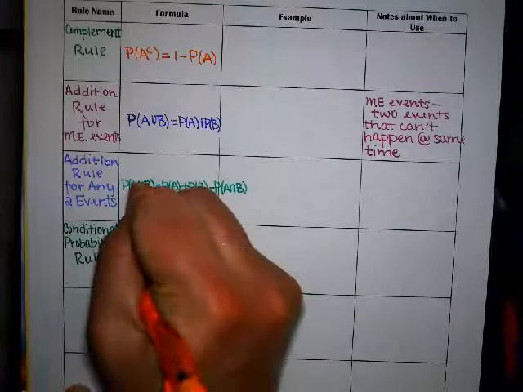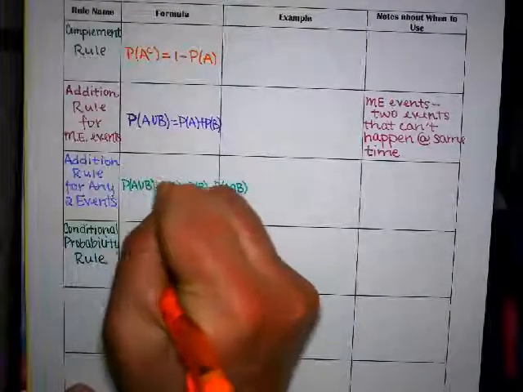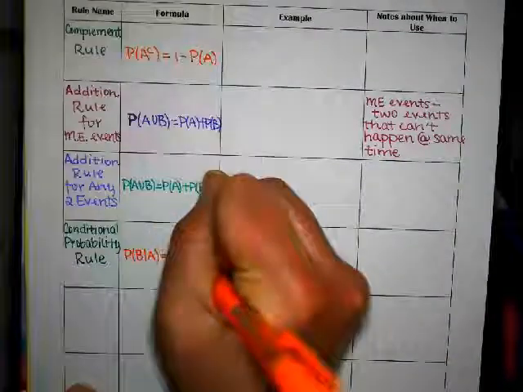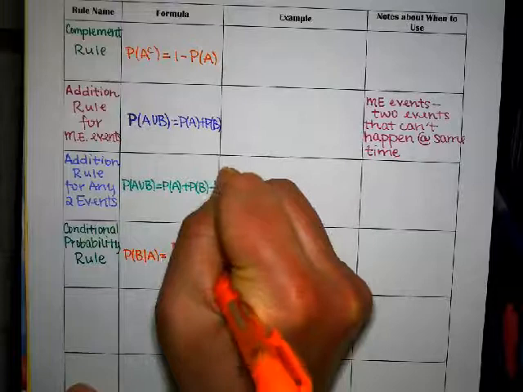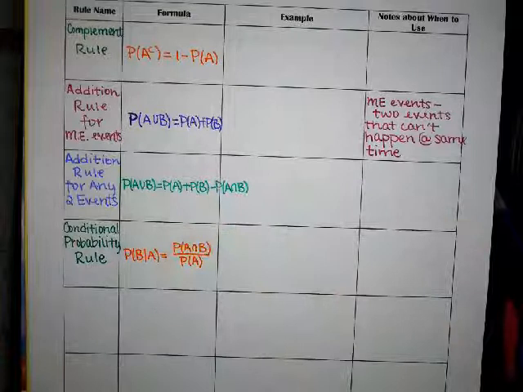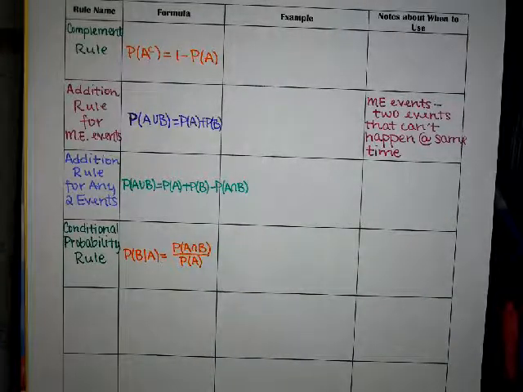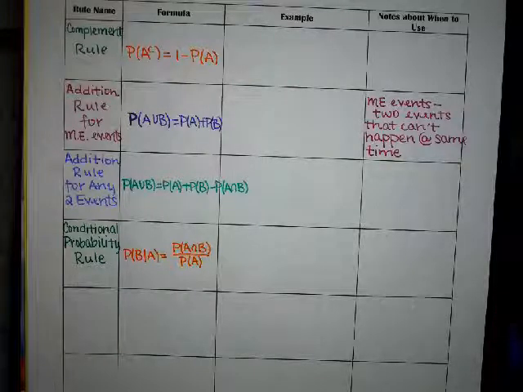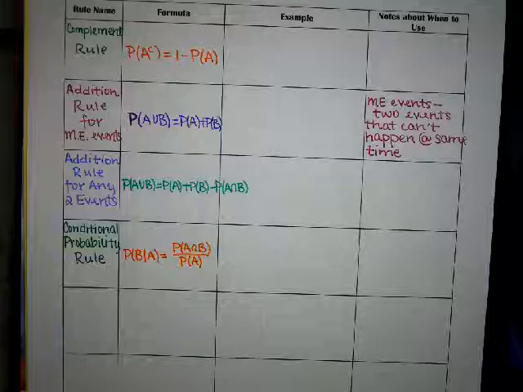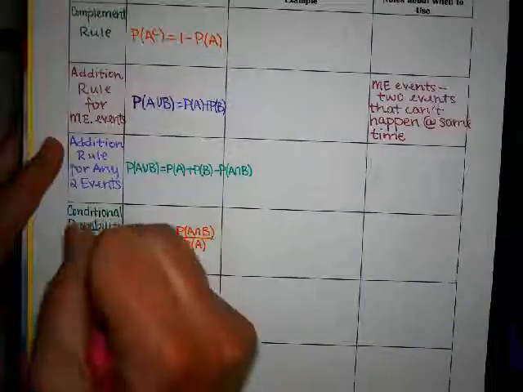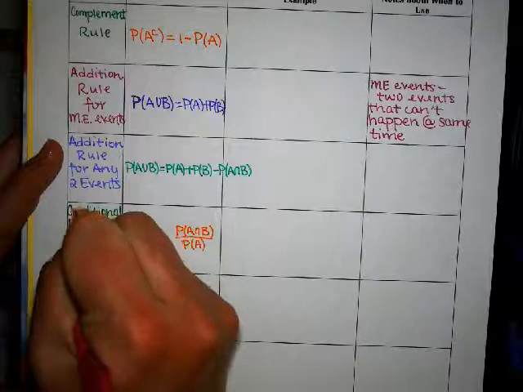And that told us the probability of B happening given A happened can be found by taking the probability of A and B and dividing by the probability of A. Then we manipulated that rule to help us find the general multiplication rule.